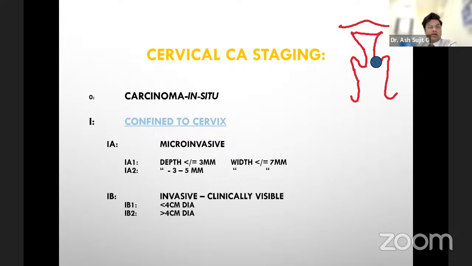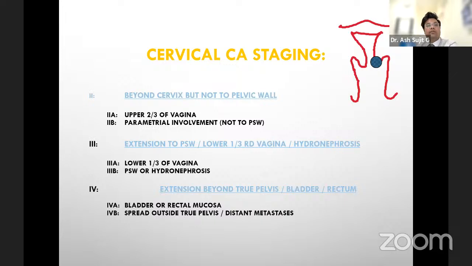So you have microinvasive carcinoma and invasive clinically visible carcinoma, depending upon the size. You have anything which is less than 3 millimeters or 3 to 5 millimeters, and invasive clinically visible is around a centimeter size, which can range from between 1 to 4 centimeters or more than 4 centimeters. Then you have stage 2, which is beyond the cervix but not to the pelvic wall, where you have involvement of the upper 1/2 of the vagina or parametrial involvement.